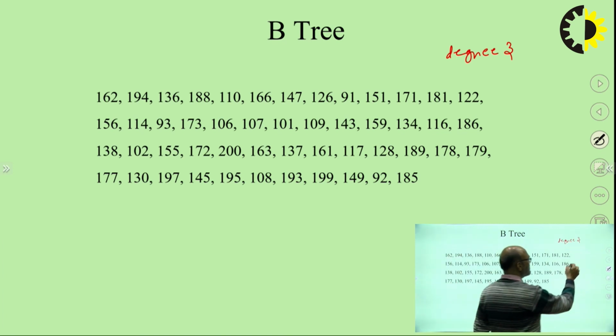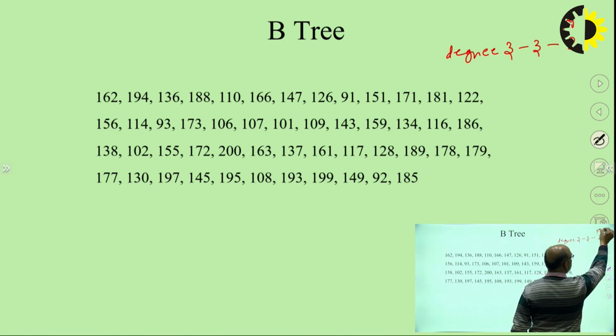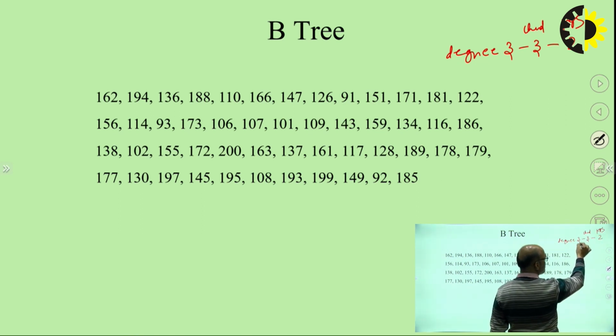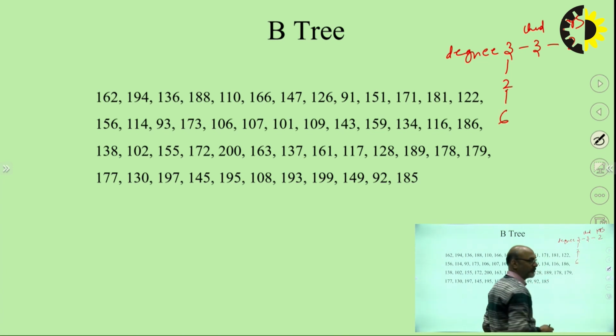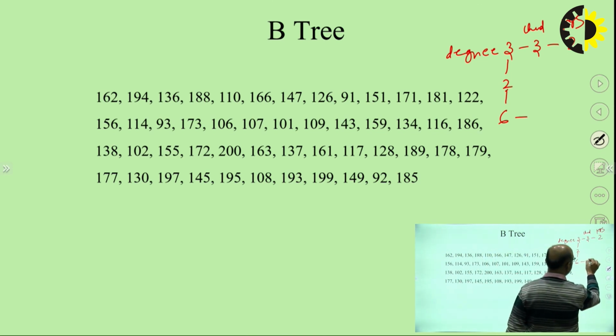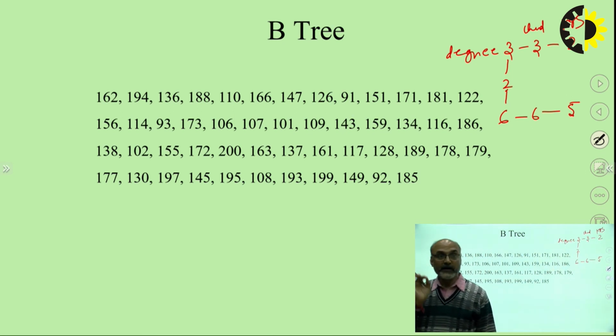The minimum degree is 3, means minimum number of children are 3, that is, minimum number of keys are 2. Keys are 2, children are 3. Similarly, maximum is minimum into 2, which means 6. Maximum number of children are 6, then maximum number of keys are 5. It means each node will contain space for storing 5 key values.